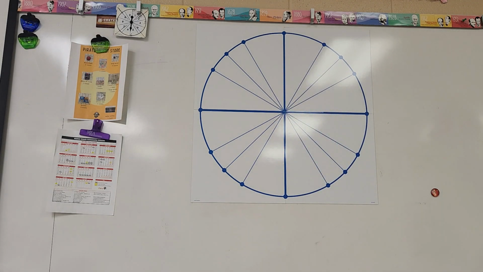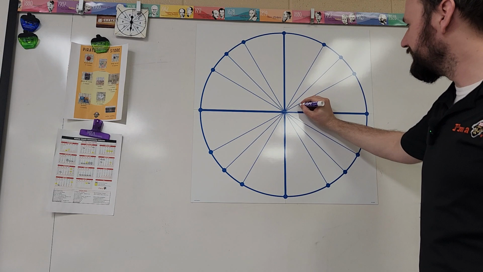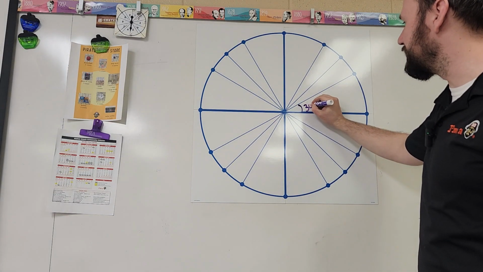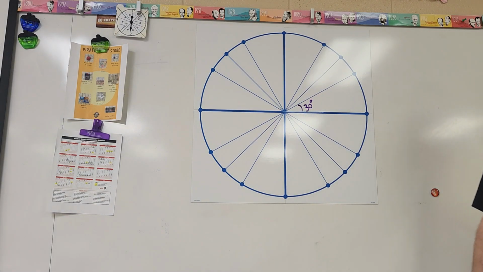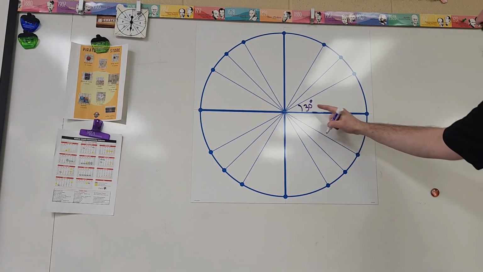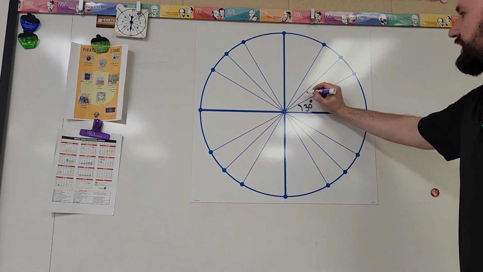So the first thing I always do is I'm going to label my angles, okay? Now here's one thing I'm going to tell you. Each big chunk is 30 degrees. Each little chunk is 15 degrees. So we can find it pretty easily then. Because if that's 30 degrees, what's this one going to be?